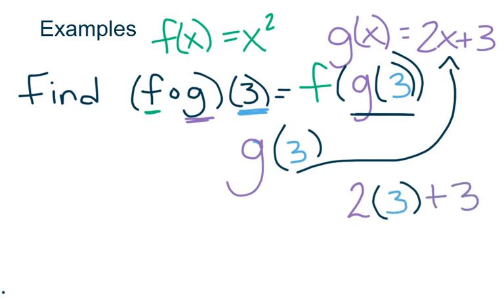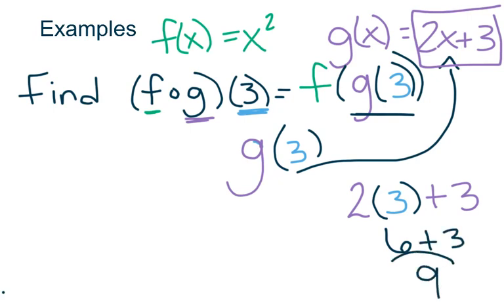And I'm going to do everything else the same. So all we did was we took this function and we replaced the x with the value inside the parentheses. And now we're going to simplify it. 2 times 3 is 6. 6 plus 3 is 9. So g of 3, when I evaluate the g function for 3, I get 9.